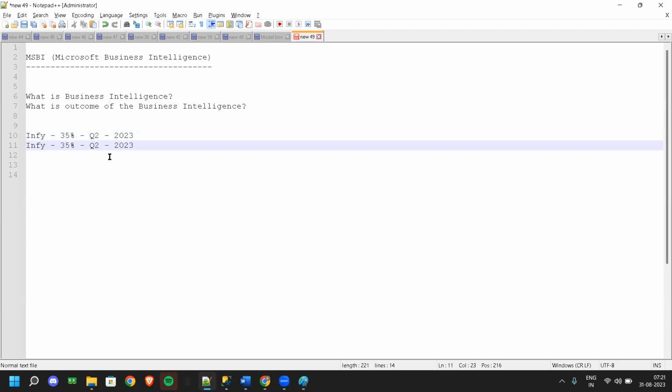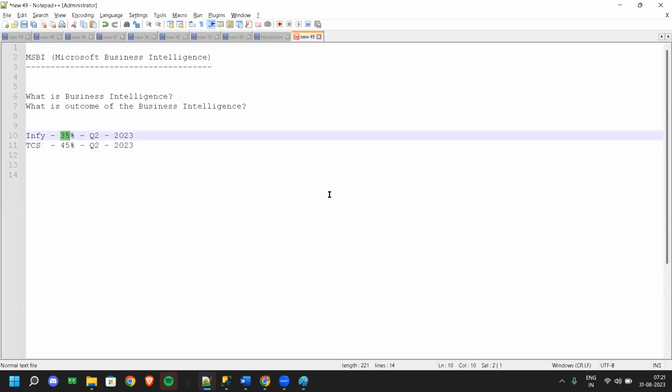And TCS, Tata Consultancy Services, was able to generate 45% revenue for quarter 2 2023. Now tell me, guys, do you think this 35% revenue is generated only from Hyderabad because of the Telugu guys? No, not at all. This is the total revenue generation across all the branches.